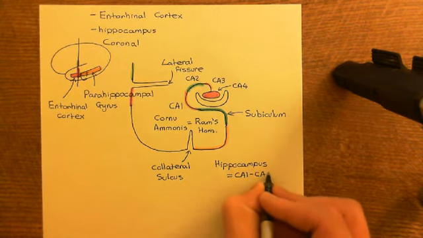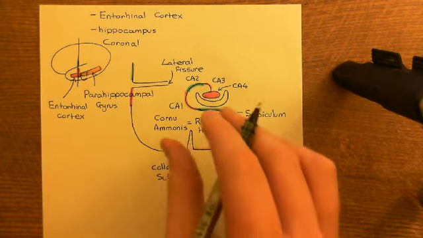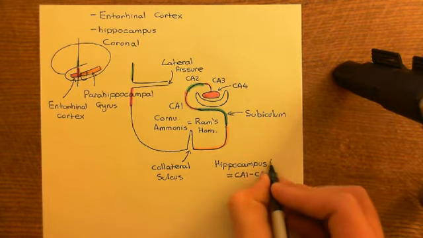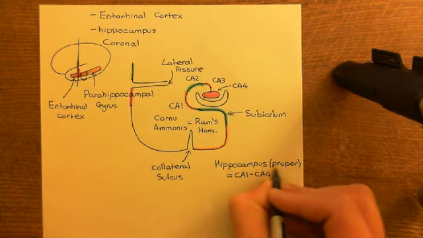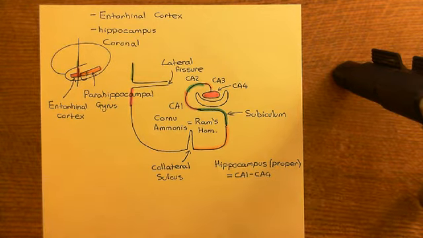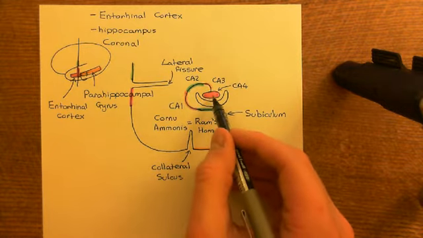Sometimes if people actually do want to mean the strict definition of hippocampus, they will say hippocampus proper, and then you can assume they really do mean just CA1, CA2, CA3, and CA4.